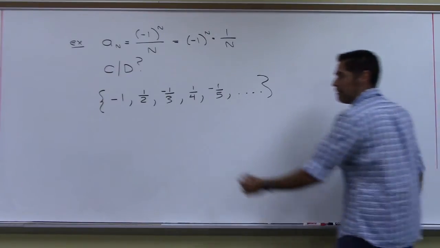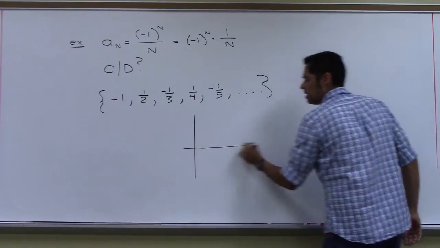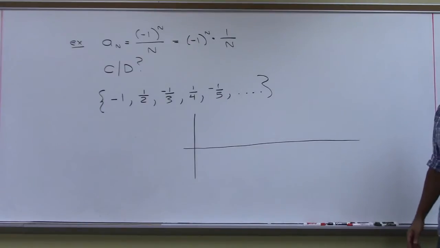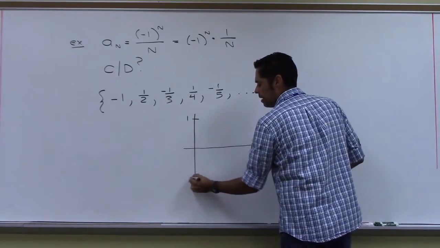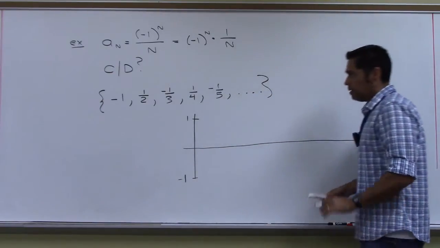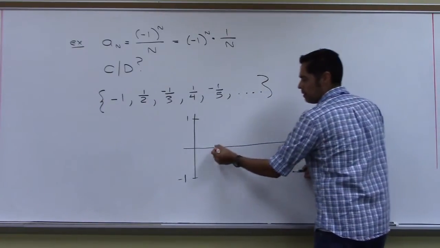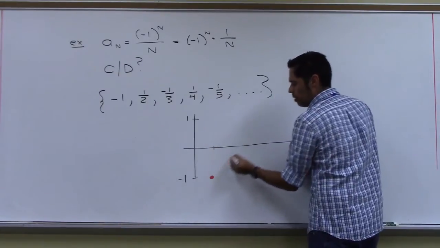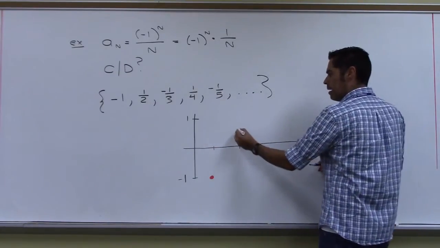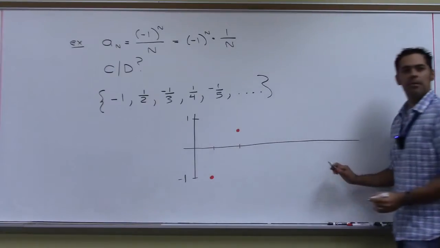If we were to graph this, plot this sequence, it would look something like, let's see, if this is 1 up here and maybe this is -1 down here. When we plugged in 1, we got -1. When we plug in 2, we got +1/2. You know with me?